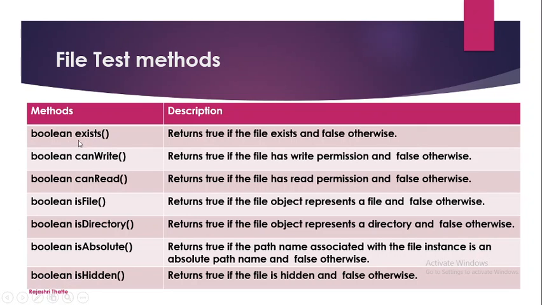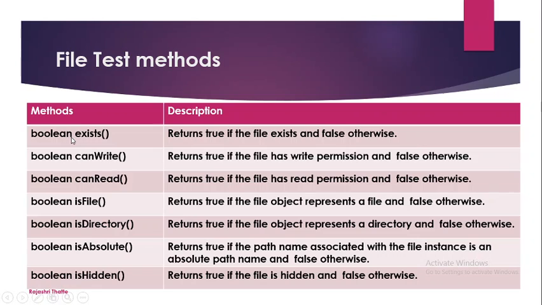Boolean exists returns true if the file exists and false otherwise. Let us consider I am using f1 as my file object, and under that f1, as we have seen, the file d:/bcl/abc.txt is available. Suppose I am using f2 with abc.txt.